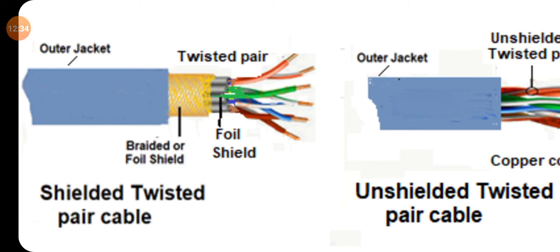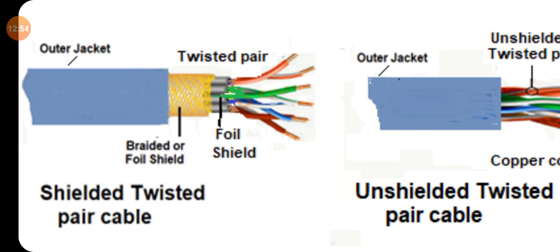So what does crosstalk mean? Whenever we transmit data through wires from one place to another, one data signal may get affected by another data signal. One data may overlap with another data.